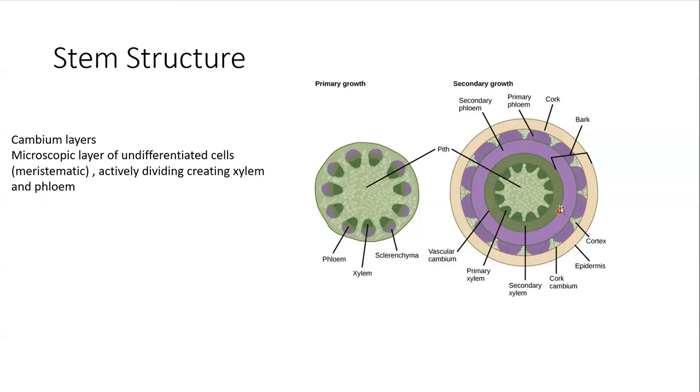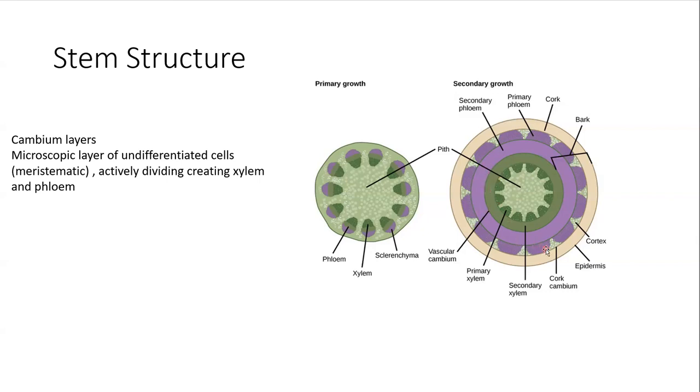One of those cambium layers is immediately between the secondary xylem and the secondary phloem. And as that plant is growing, it's creating xylem cells to the inside of the plant and phloem cells to the outside of the plant.